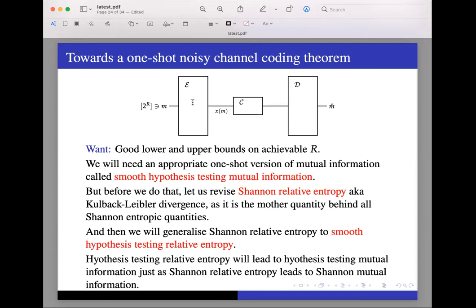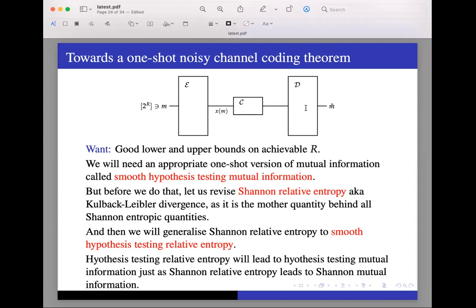So now the picture looks like this. The message m is something from 1 to 2 to the R, and it goes to an encoder. The encoder produces a codeword which I'll call x_m, which is just a symbol from the input alphabet to the channel. The channel is applied exactly once, and it produces a probability distribution over the output alphabet.